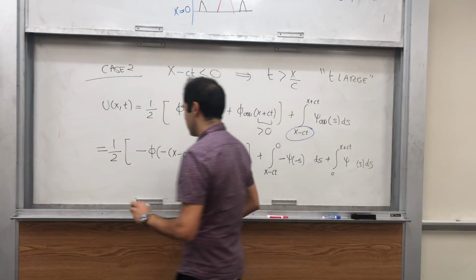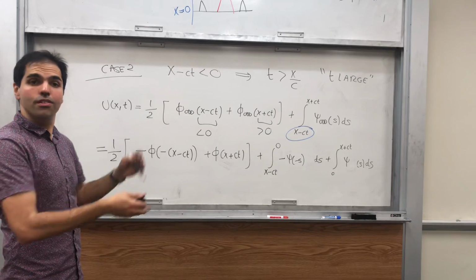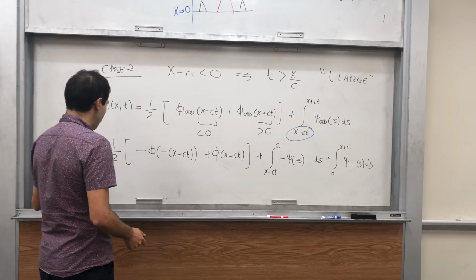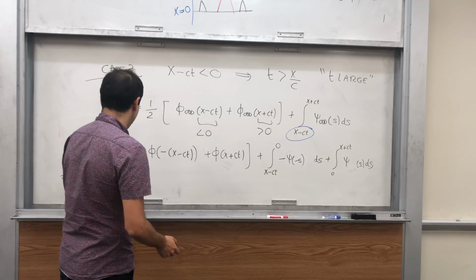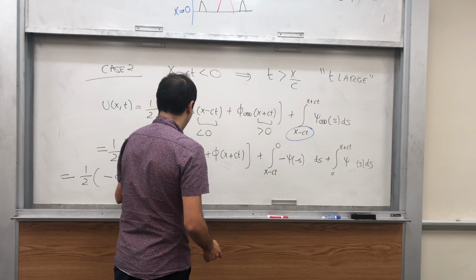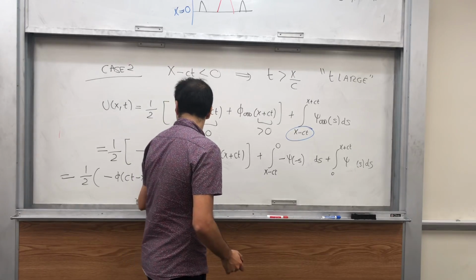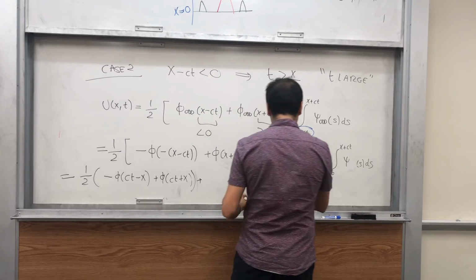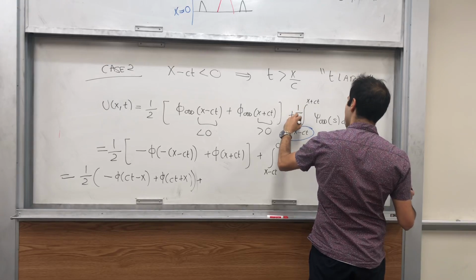Now, all we need to do is to clean up the formula. So 1/2 of minus phi of ct minus x plus phi of ct plus x. And then here, I forgot the 1 over 2c.